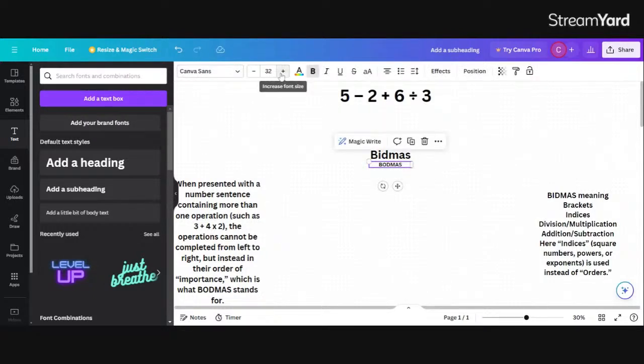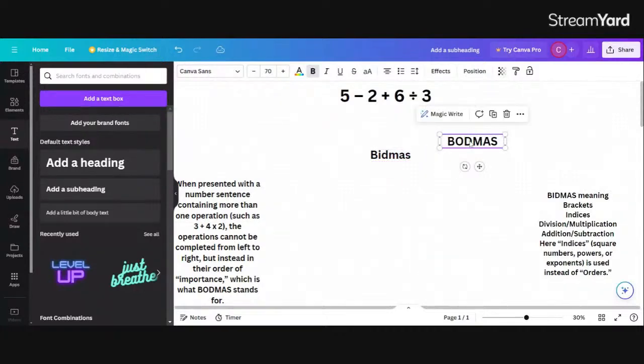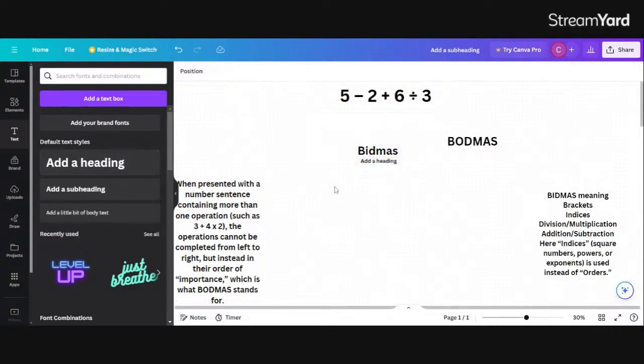And we have PEMDAS. They are three different acronyms, but they have the same meaning.